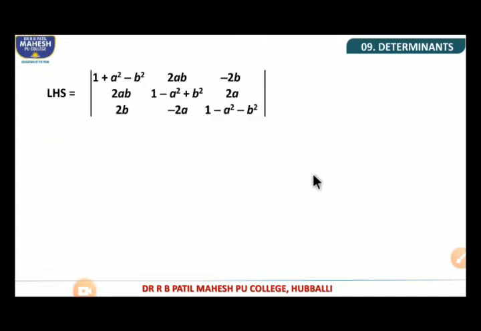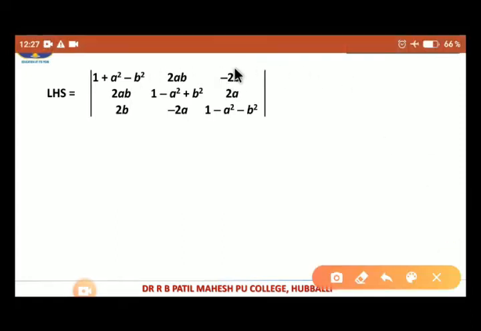Now in that LHS part I am going to make two operations. See here, if you want to get 1 plus a square plus b square, we have to add plus 2b square to this term. For that we have to multiply minus b to this one, so it becomes plus 2b square. If we add this, we get 1 plus a square plus b square.